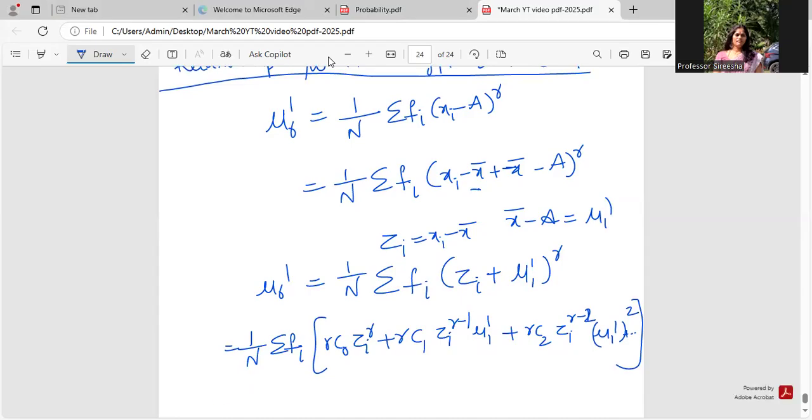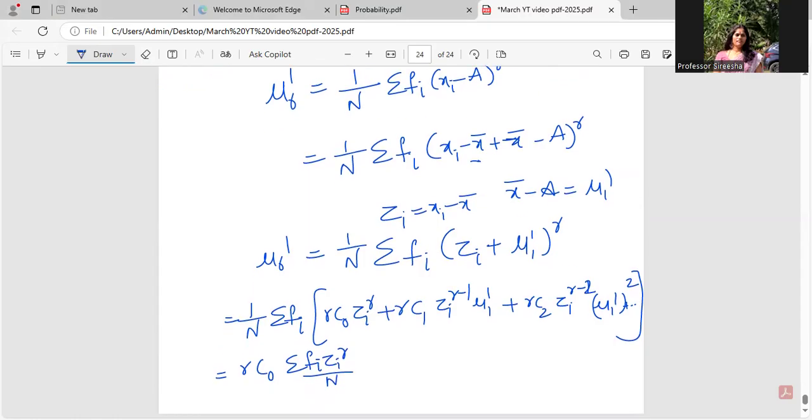Okay. So if I take the summation fi by n inside, what I'll get will be rC0 summation fi zi power r by n. Similarly, for the next one, I'll have rC1, mu1 prime, which has nothing to do with the summation because there is no i term there, times summation fi zi power r minus 1 by n, plus rC2, and of course mu1 prime whole squared also has nothing to do with the summation i, right?